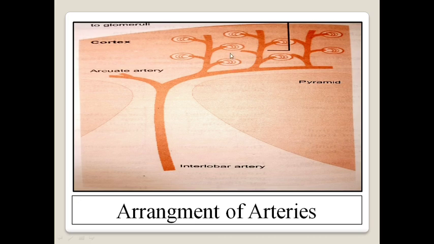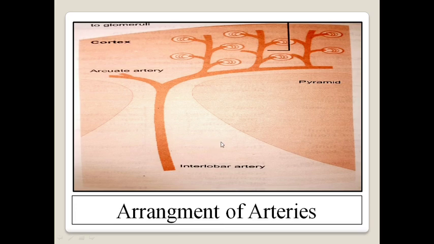After forming the peritubular network and vasa recta, it again reunites and progresses as the renal venules. The pattern of the renal venous system is similar to that found in the end arterial system, except for the presence of multiple anastomoses between the veins at all levels of the venous circulation.